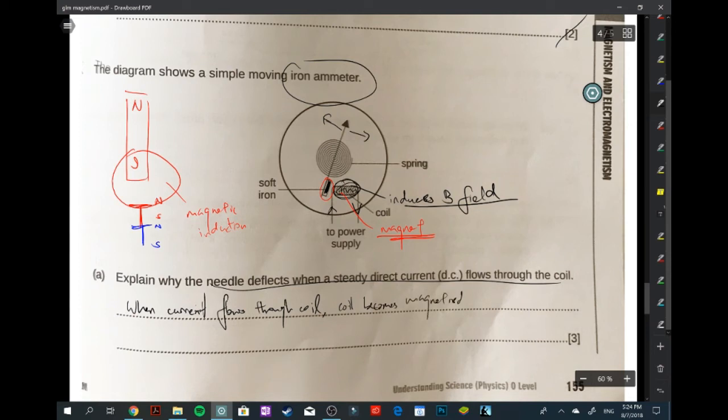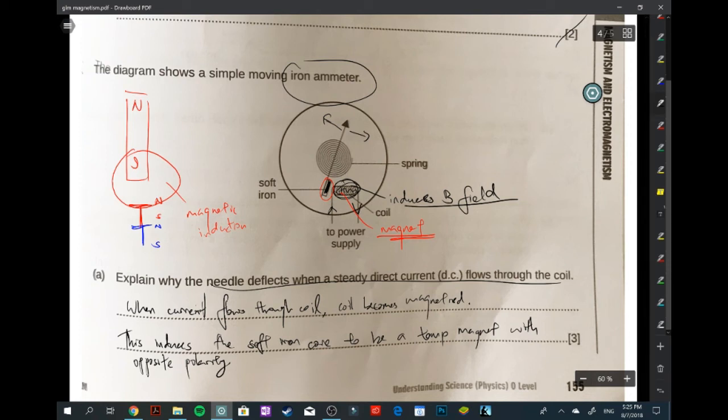Now as the coil becomes magnetized, what happens? It actually induces the soft iron core to be a temporary magnet with opposite polarity.